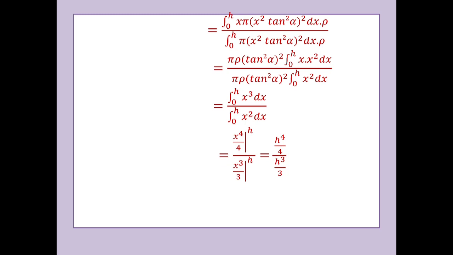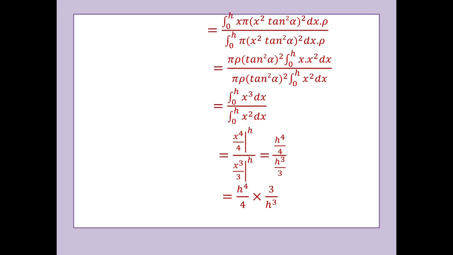Applying the limits, the lower limit is 0, which is not typed here, so we will be applying only the upper limit. When you apply the upper limit, we get h power 4 by 4, the whole thing divided by h cube by 3. When you rearrange and write, you get h power 4 divided by 4 into 3 by h cube.